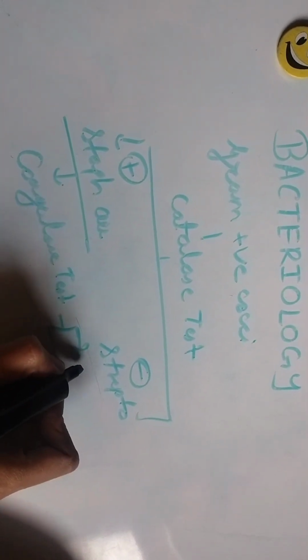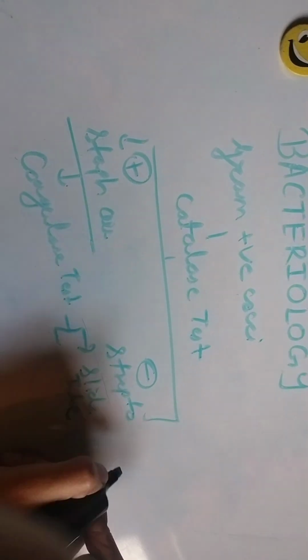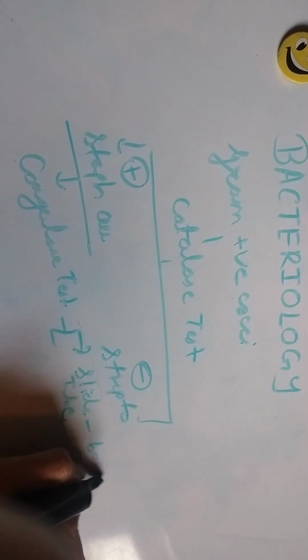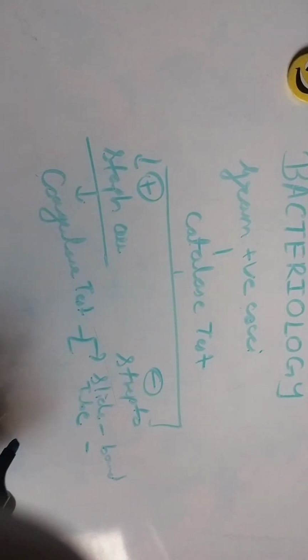In the coagulase test, there is a slide or a tube testing. In the slide, there is bound coagulase, and in the tube, there is extracellular free coagulase.